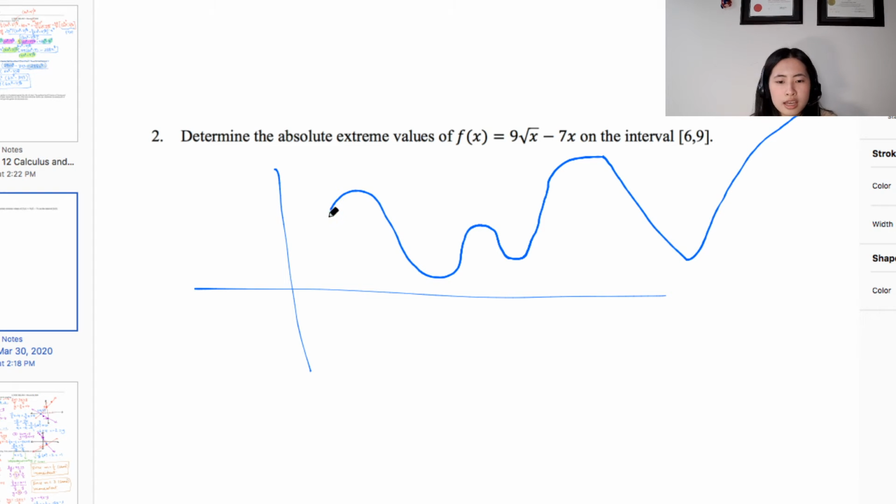Okay, so as you can see, say for example, you are at a specific interval. Let's say this is 6 and 9 as an example. So within a specific neighborhood, you have your local extrema, so you have your local min, which is local minimum, and you have your local max, which is local maximum.